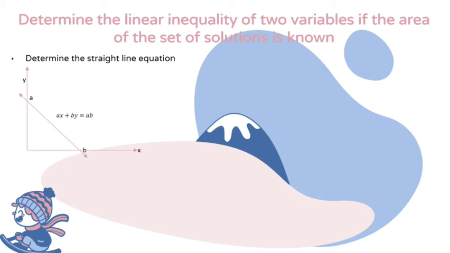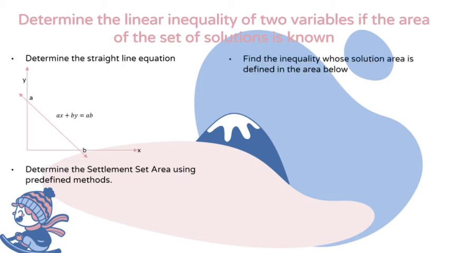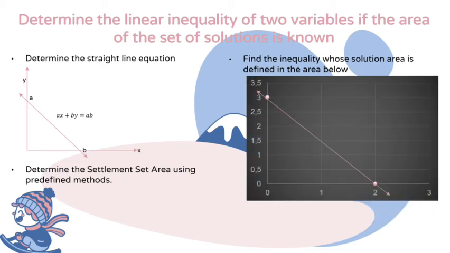This is the line ax plus by equals a times b. And then determine the solution set area using a test point method.